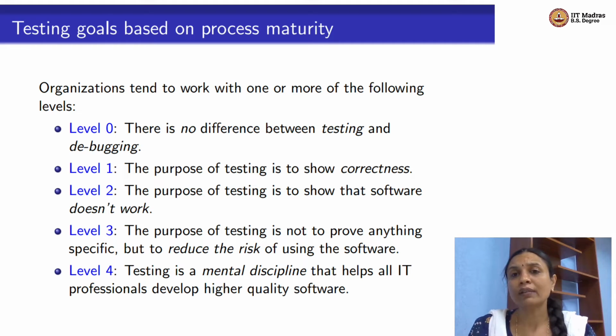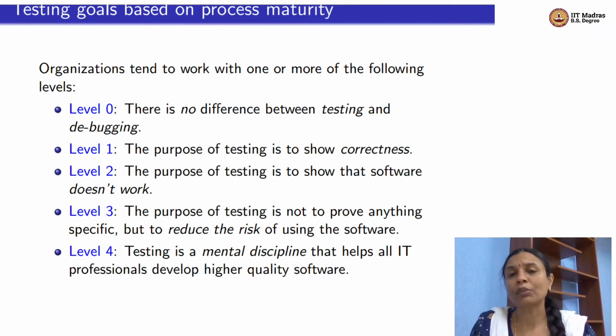So, testing goals can vary from absolutely trivial to very mature based on how mature the processes of a particular organization are. This small module will tell you the various testing process maturity levels as far as software development and testing is concerned.